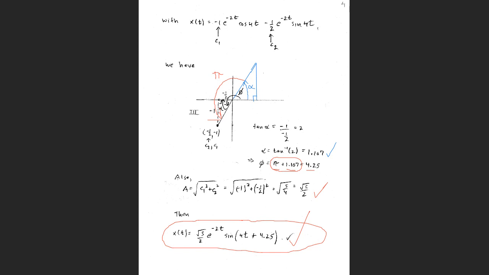That would be fine. WebAssign would take that. But to do this problem, I need to get my position function x in this form here. And you'll see why. But you won't always have to do that.